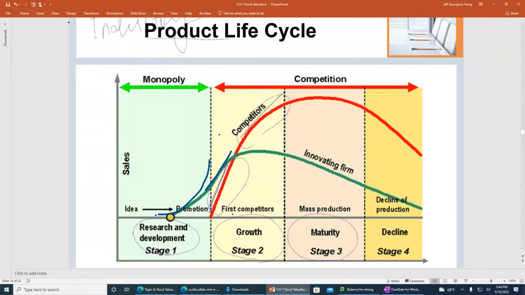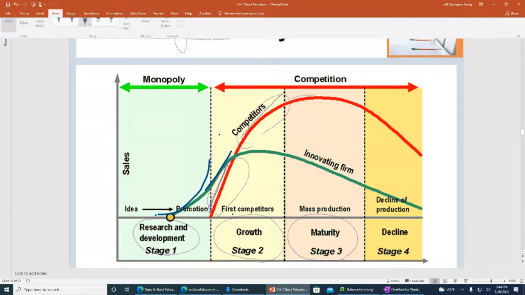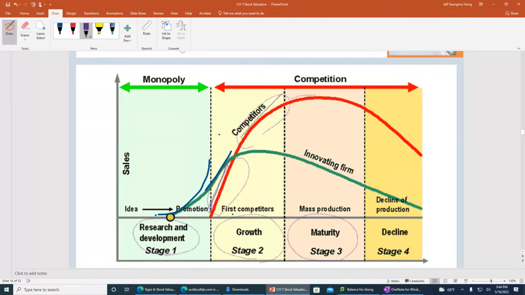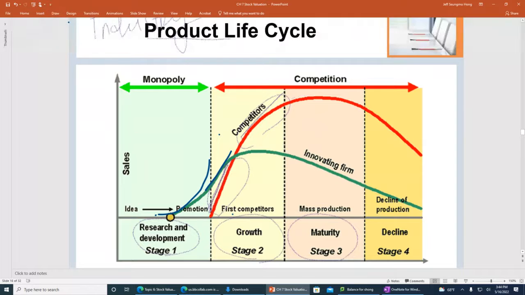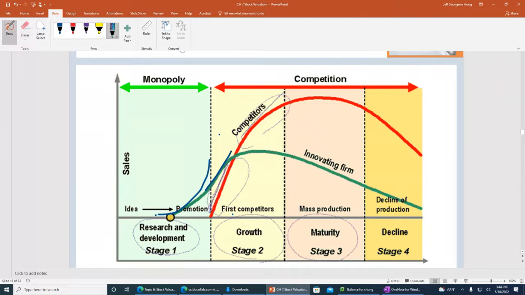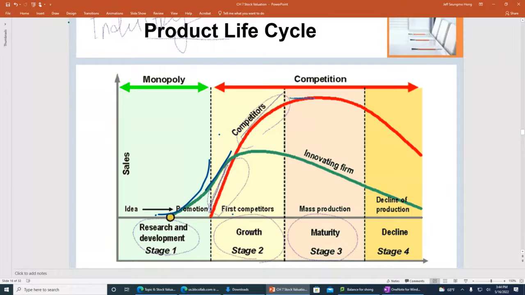And in stage three, remember, mature companies have very little room for growth. A mature product line has very little room for growth.